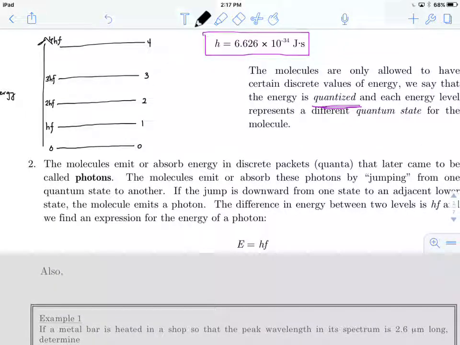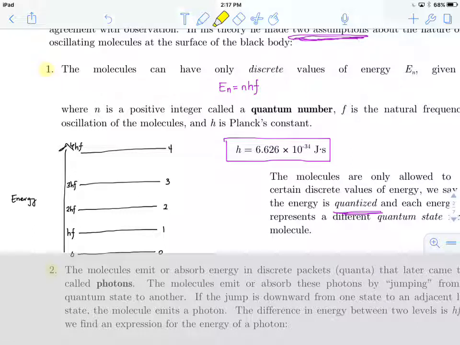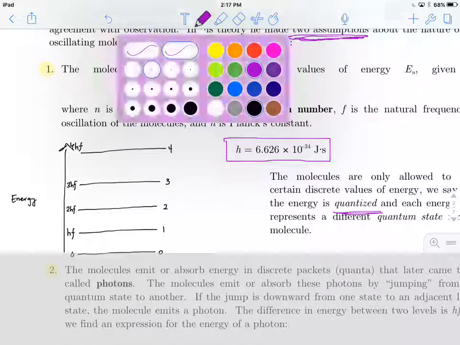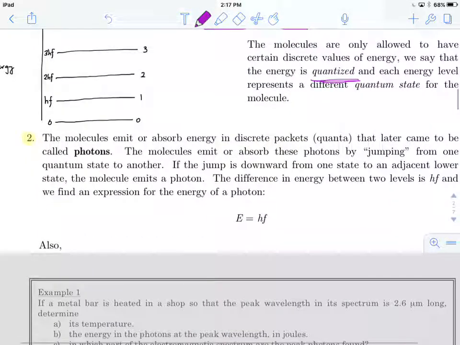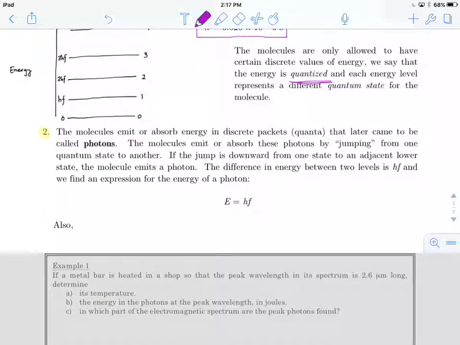And the second assumption, so this was the first assumption up here, was that the molecules in the black body can only have these discrete values of energy. His second assumption was that the molecules then emit or absorb energy in discrete packages, which, of course, later came to be known as photons.